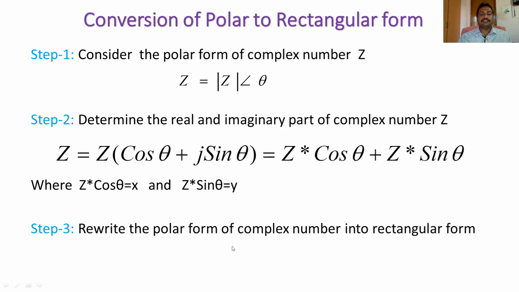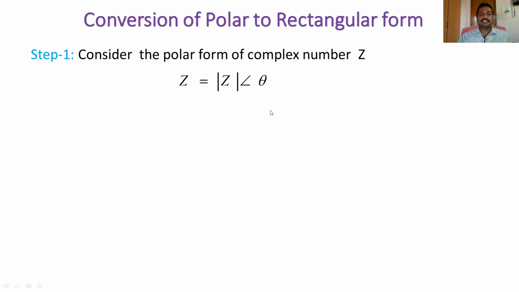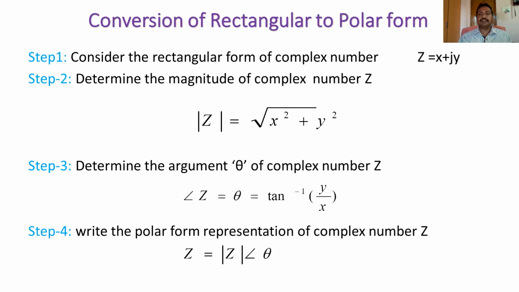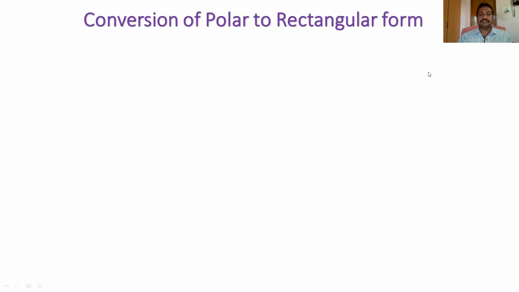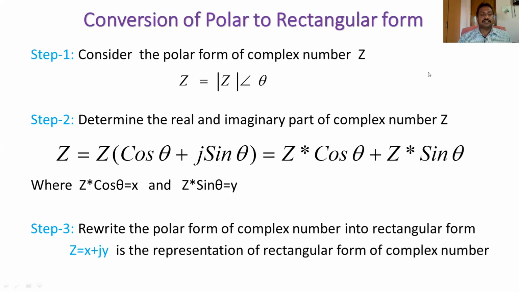So therefore, rewrite this polar form in rectangular form. Z is equal to x plus jy by replacing. This is the representation of z is equal to x plus jy, the rectangular form of a complex number.